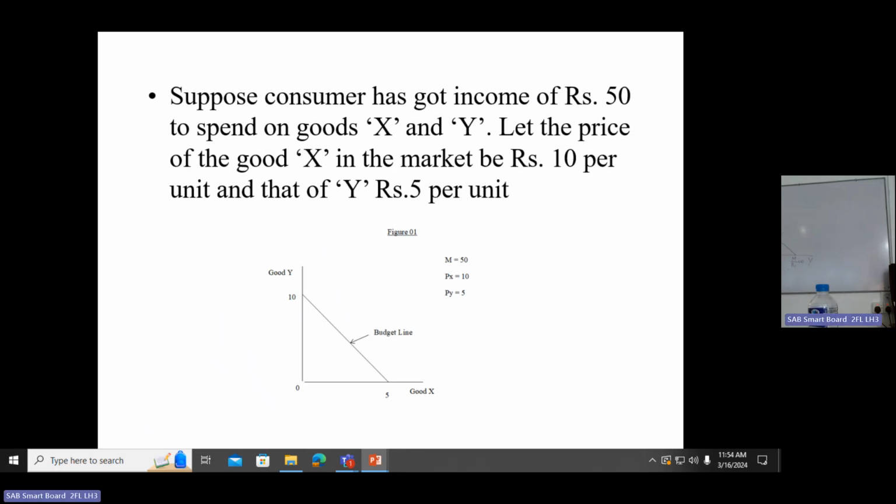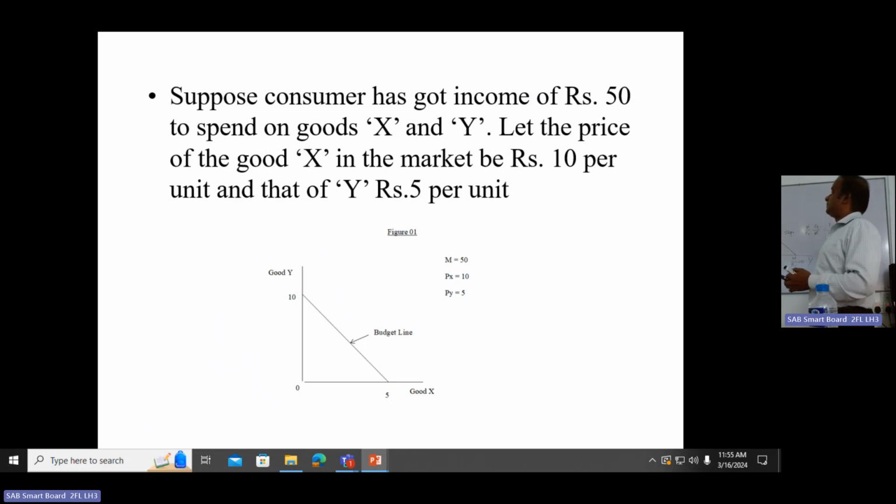That means M over Py divided by M over Px, which is M over Py multiplied by Px over M. Cancelling out M, we get Px over Py. So that is the slope. As we mentioned, the price ratio between the two products is given by the slope of this budget line.